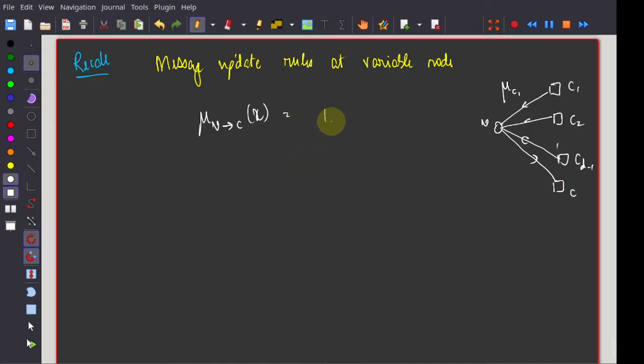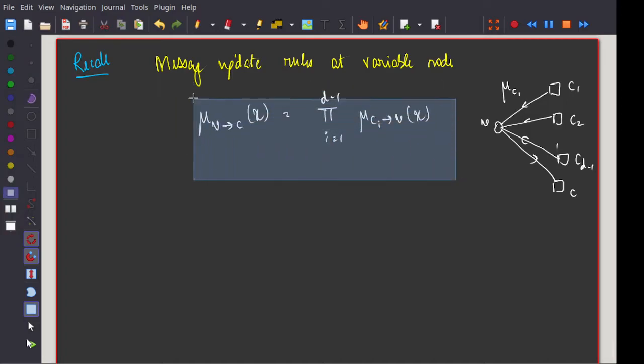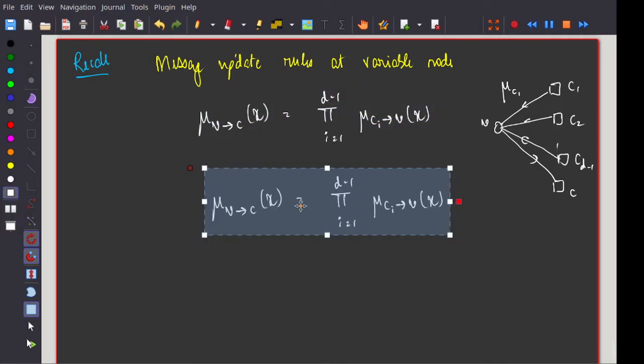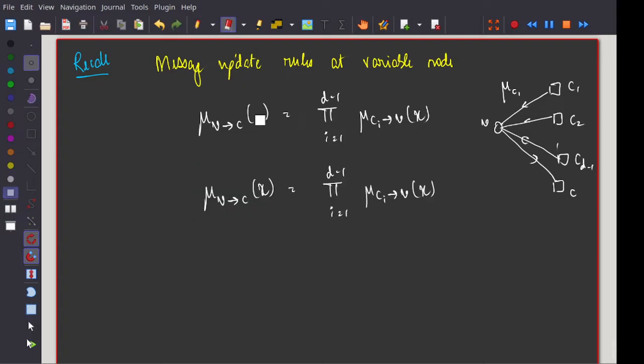This is the product over i equal to 1 to d minus 1 of mu ci to v of x. So for x equal to 0, you take all the incoming messages evaluated at 0, and for x equal to 1, again, you take all the incoming messages evaluated at 1.